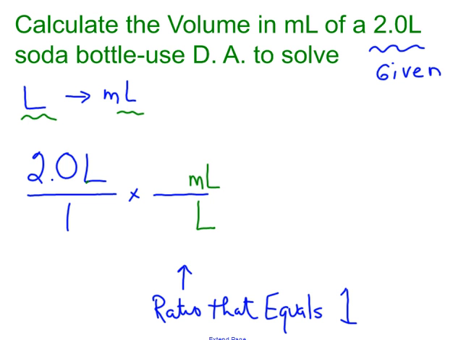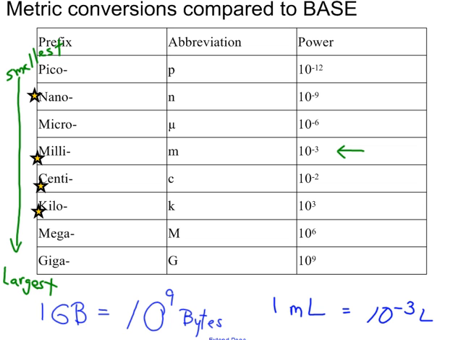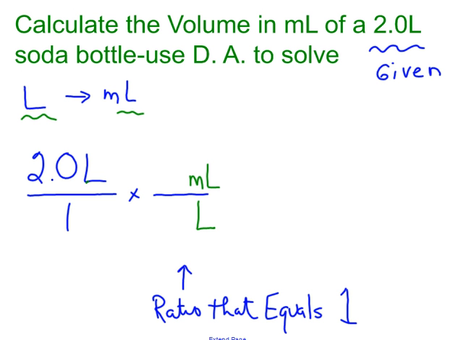Now I go back to the table, and I see that we just did this. 1 milliliter equals 10 to the minus 3 liters. So I put 1 milliliter, the number 1 goes with the value that has the prefix.